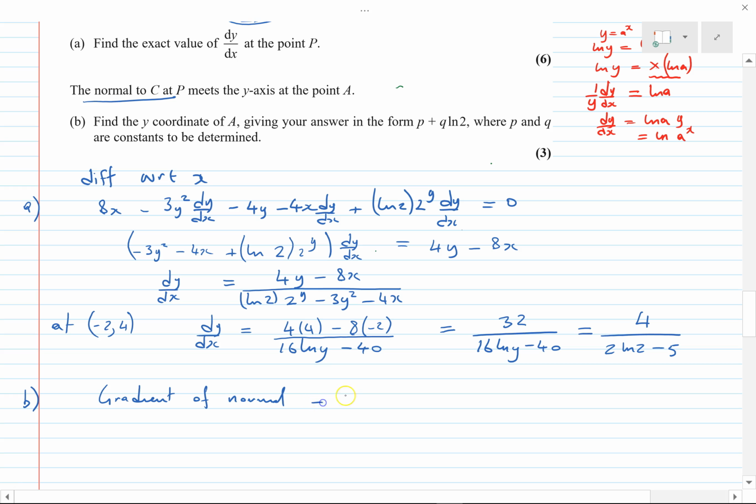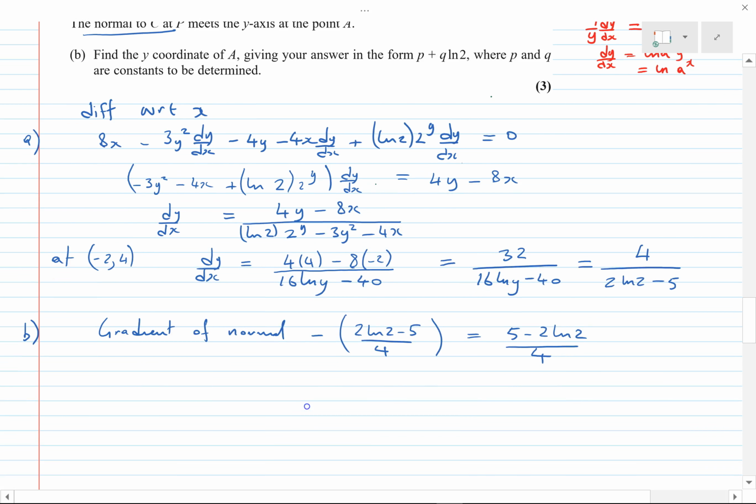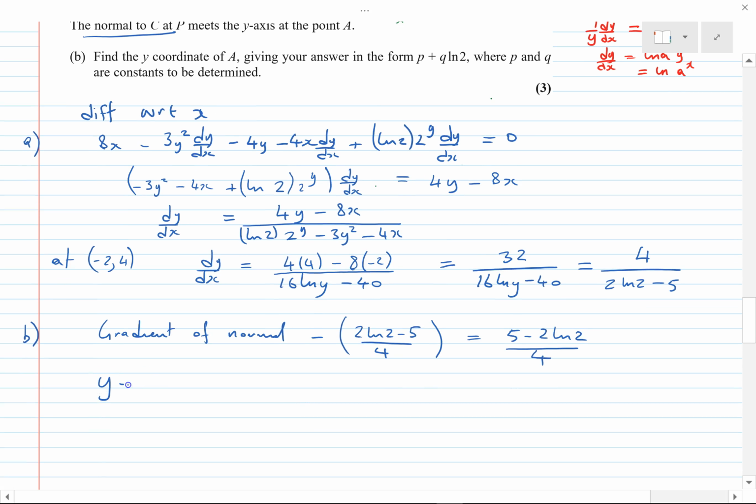So that's going to be equal to negative 2 ln 2 minus 5 over 4. So that's 5 take away 2 ln 2 over 4. So that's the gradient of the normal. So now we can use y minus y1 equals m times x minus x1.